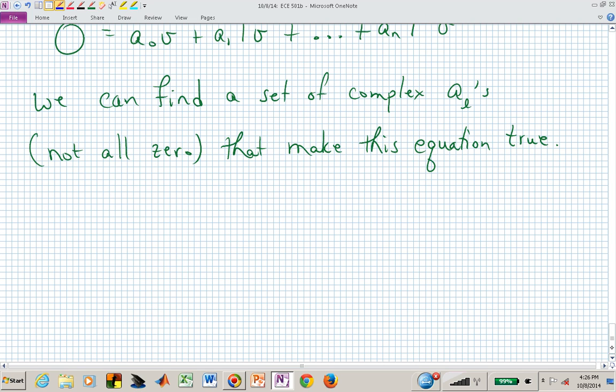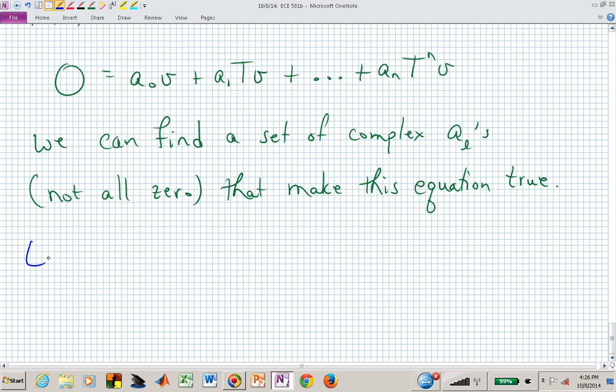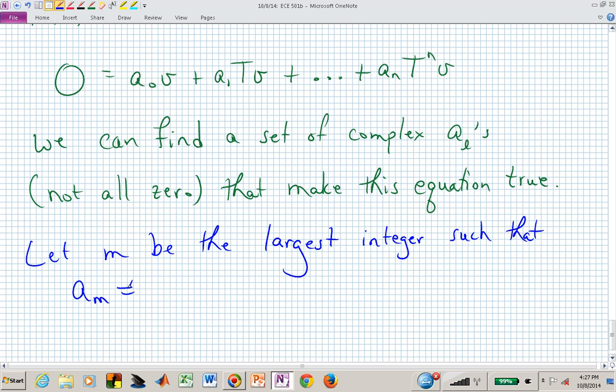Let's now define a new constant, little m. Again, what are we trying to do? We're trying to show that a linear operator has at least one eigenvalue. That's our goal. Let little m be the largest integer such that a sub m is not equal to 0.